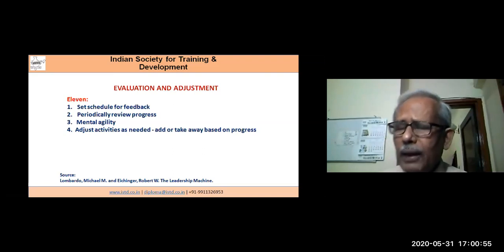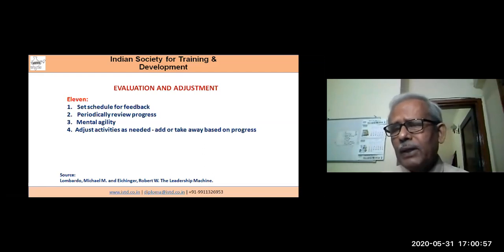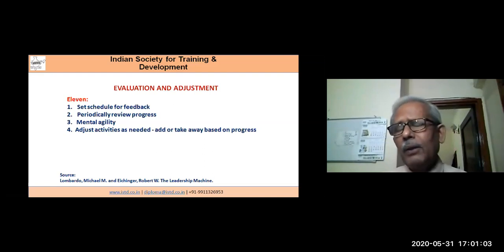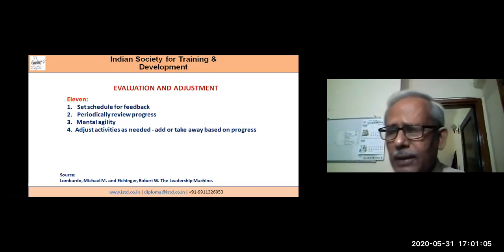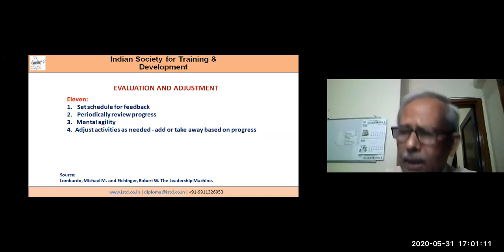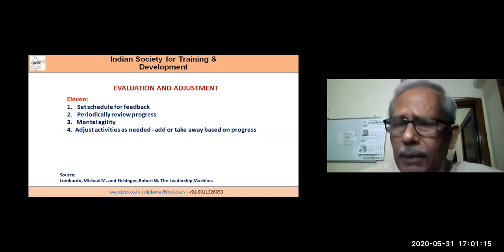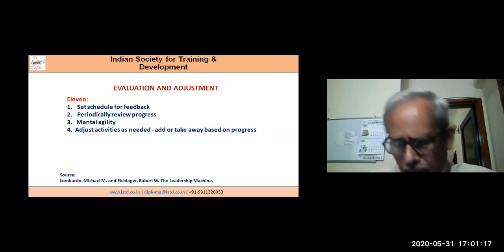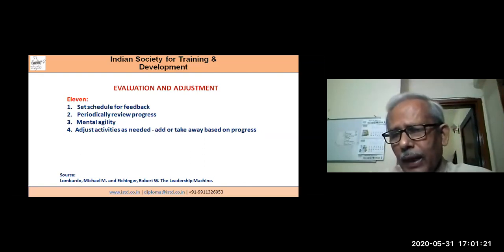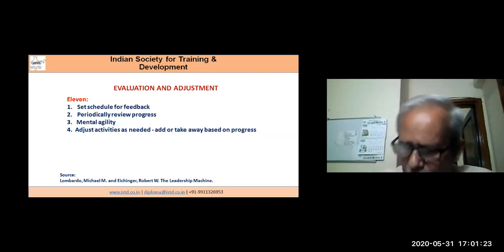For that identification, the first requirement will be finding the need, then finding the talents that are required, and the third will be finding the people who have those talents, and then making the administrative and procedural aspects that are to be done, and this is to be implemented in the organization, so that ultimately the organization gets the benefit of this development process. Well, that comes to the end of this program. If you have any question, please do ask me.